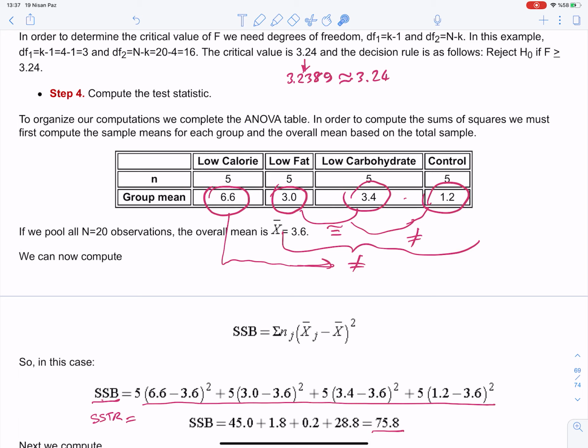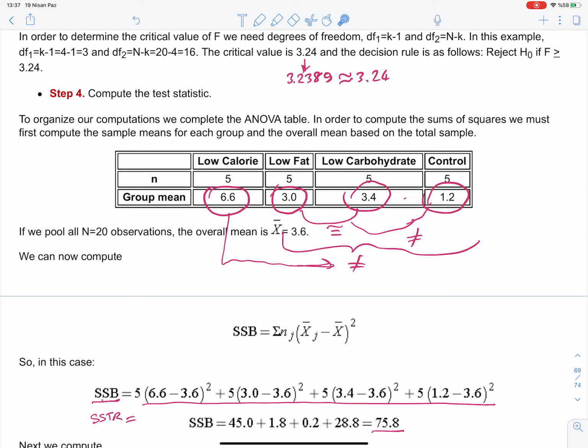So as I told you, if there is a statistically significant difference, the highest difference should be observed between the low calorie and control groups. These people are losing 6.6, and in the control group people are only losing 1.2 units or 1.2 kilograms. So at least this is different.